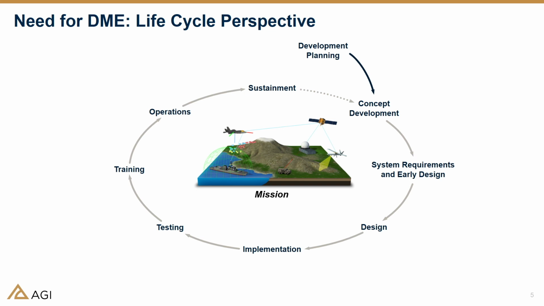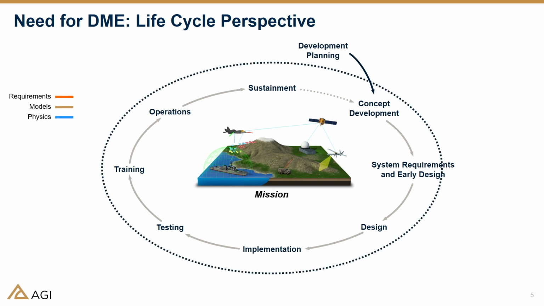But around this process exist multiple forms of information. And if we look at how that information is used today, one of the things that we notice is that there's a fundamental disconnect. So if we focus for a moment in the concept development phase, we see a situation like this, where we have a variety of models that describe the mission and the systems of systems at a high level.